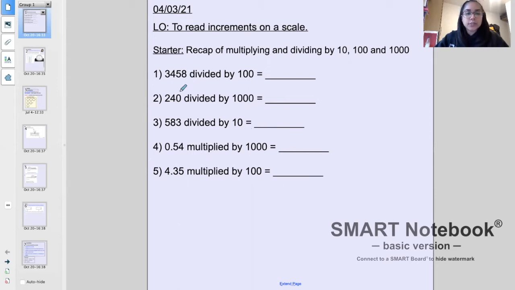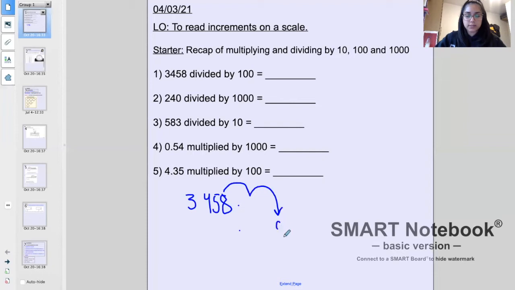Great, how did it go? So we've got 3,458 and we are dividing by 100. When we divide, our digits move to the right. And because it's by 100, we can see there's 2 zeros. That can be our little tip, that the digits move 2 spaces to the right. So our decimal point is there, and we are moving once, twice.